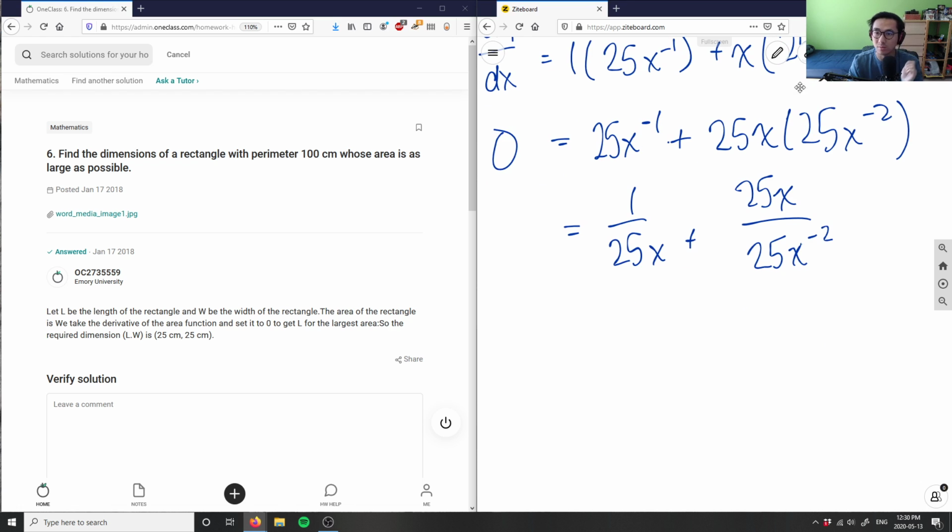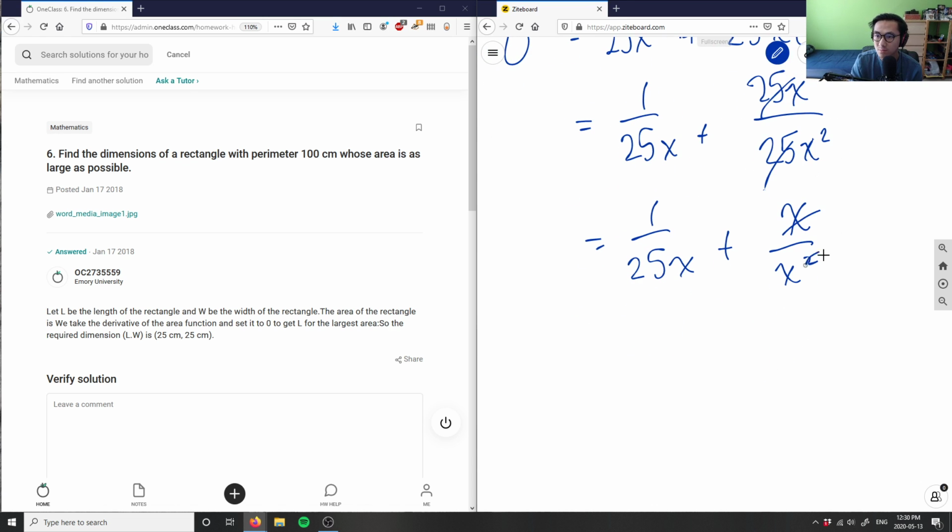And now I can actually cancel these guys out here. So I get 1 over 25x plus x over x, or this is now squared, sorry, which means I can cancel out these guys as well. So I get 1 over 25x plus, this is now simply 1 over x here. And this here is going to equal, again, 0.